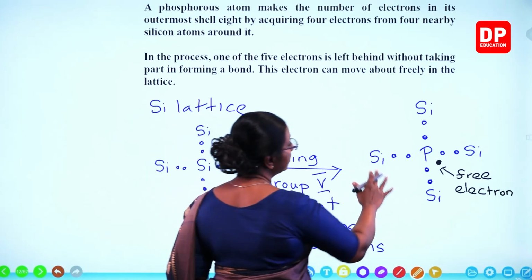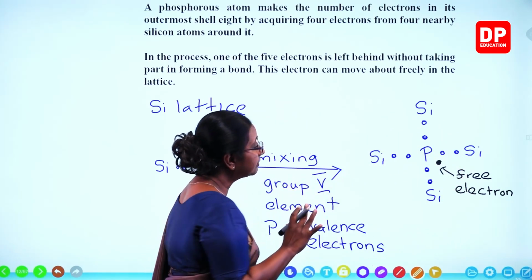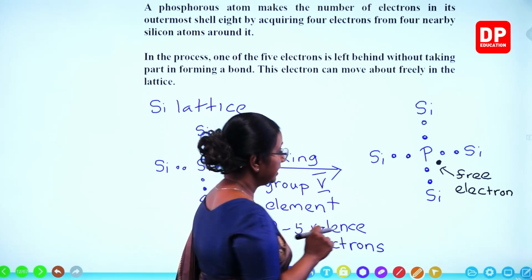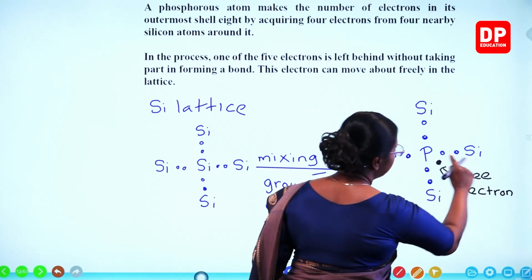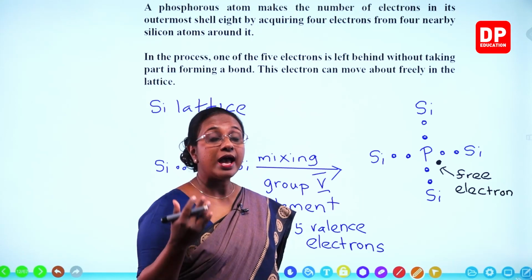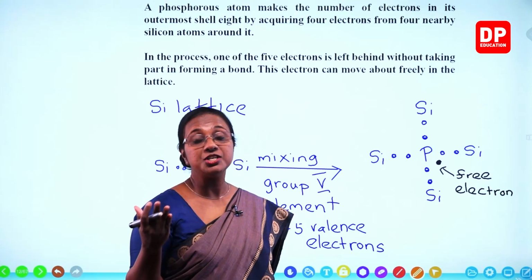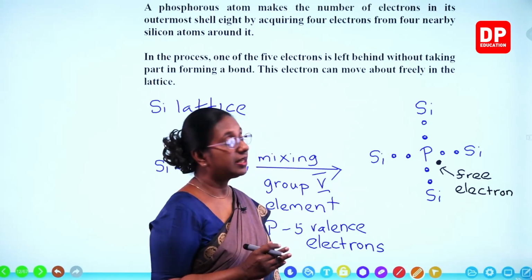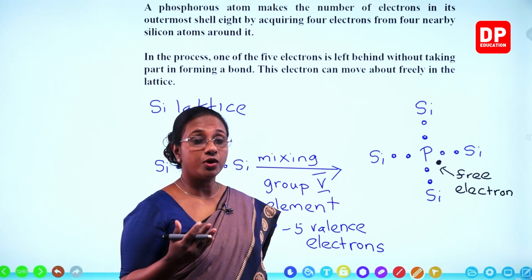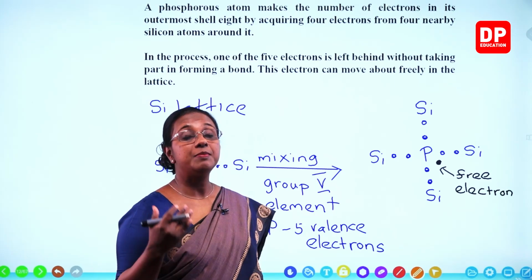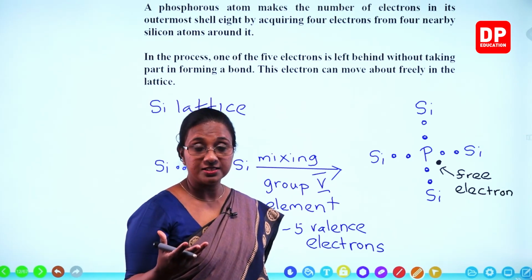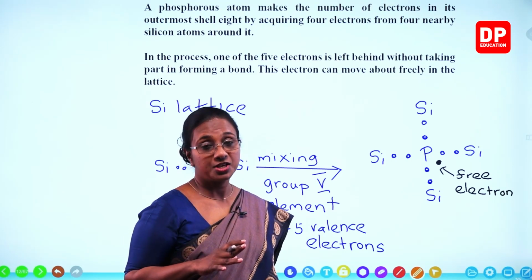Now, if you look at the total number of electrons and the positively charged holes, you will see there are additional free electrons, or additional negative charge carriers. Because of that, this particular semiconductor is called the negative type semiconductor, because there are more negative charges than the positive charges.